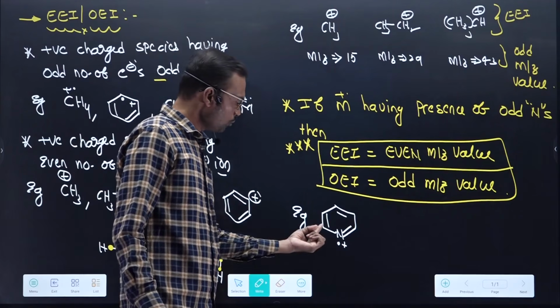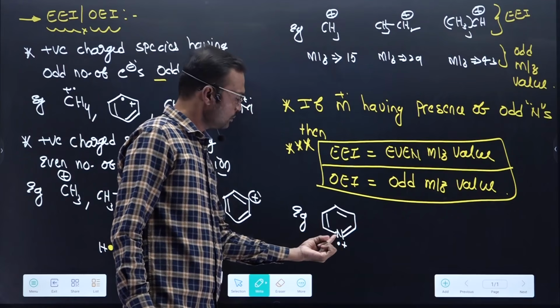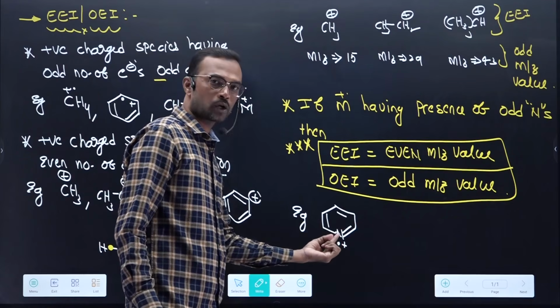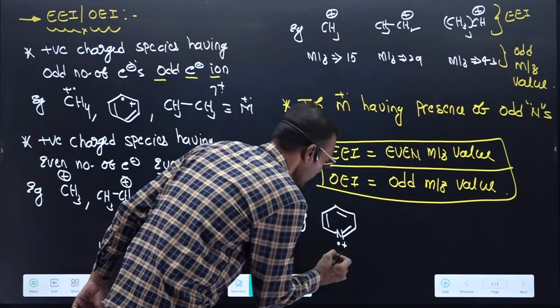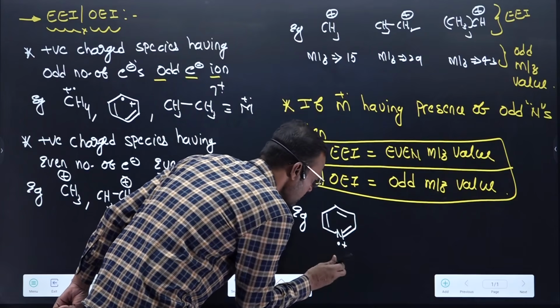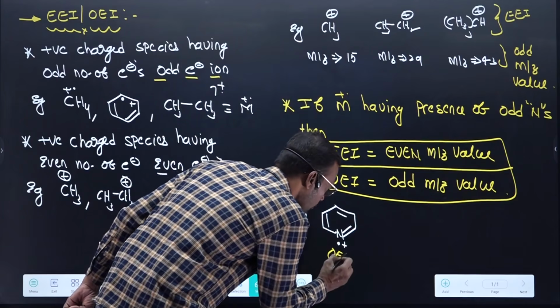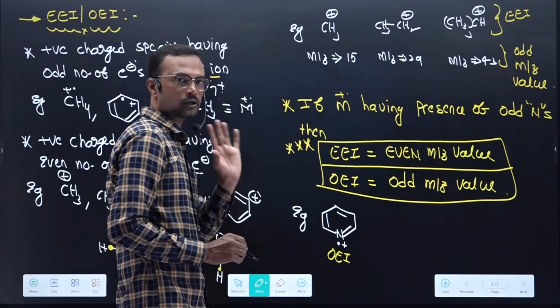Total 5 carbons and 1 nitrogen, total 6. So add 5 hydrogens. Finally only 1 electron is present in the form of an independent radical, so it is an odd electron ion. Blindly remember, when one electron is independent, it is an odd electron ion.